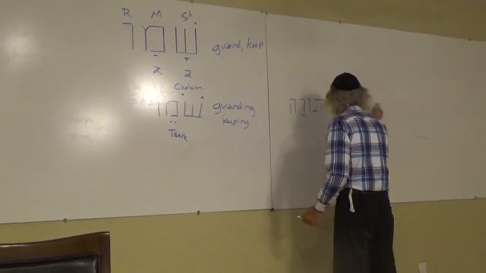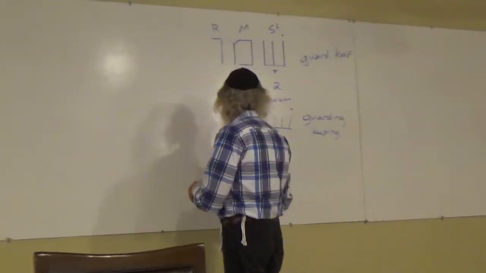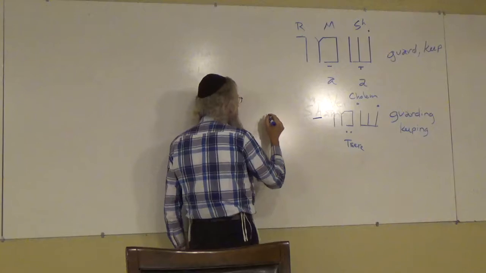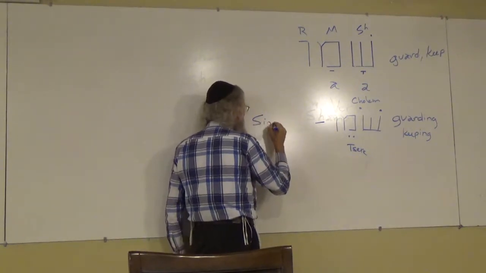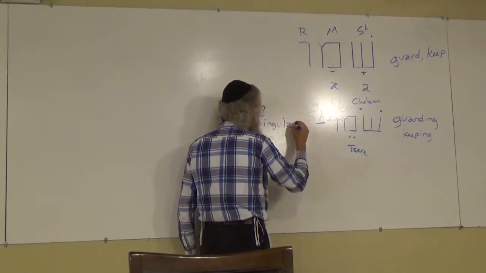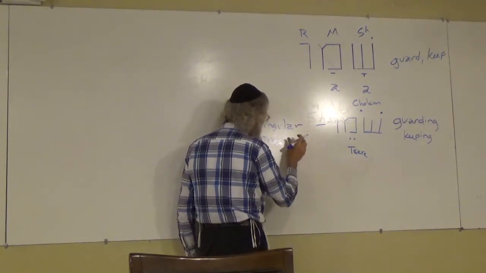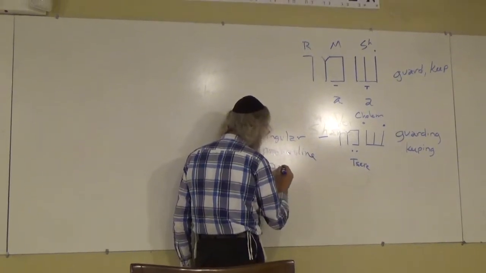So, this shomer, this is the form of a singular masculine participle.